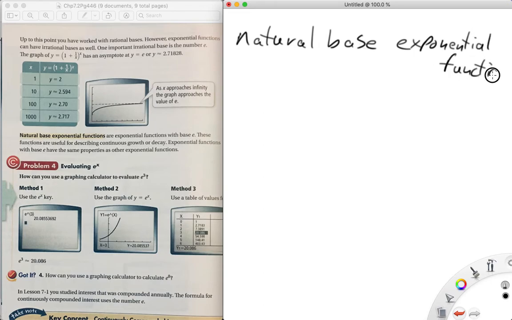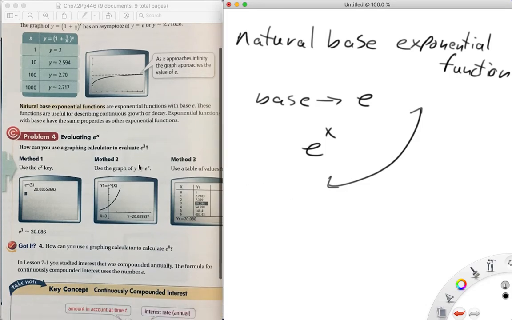It's a natural base exponential function, meaning your base is e. So it's e to the x. This irrational number, 2.71828 blah blah blah, is used a lot, and it acts just like a regular exponential curve, but it does have some unique properties that you'll figure out in calculus and pre-calc.